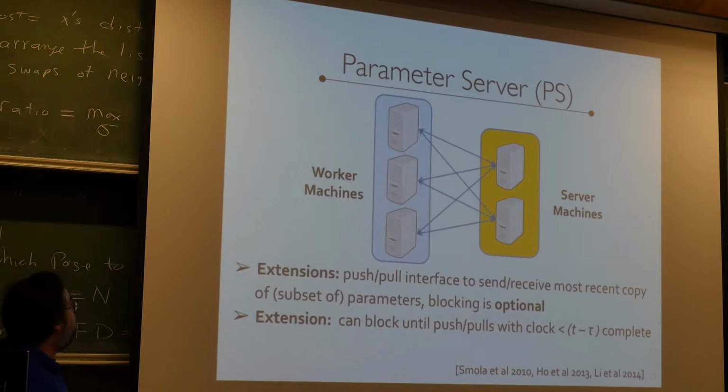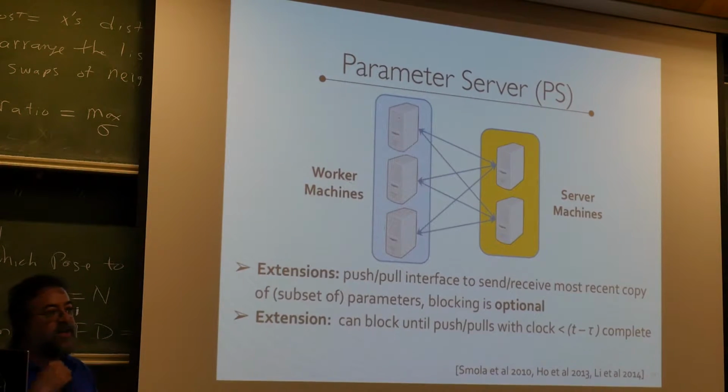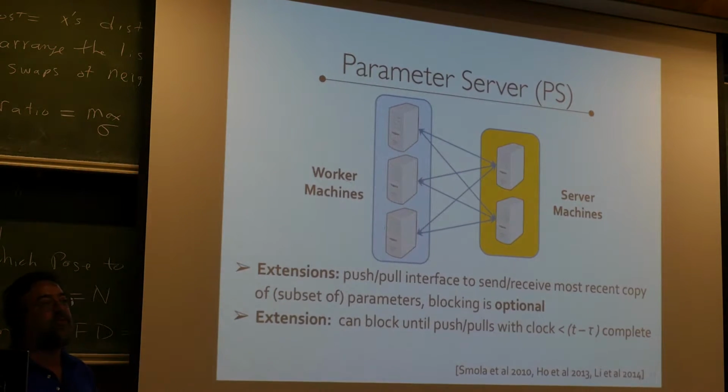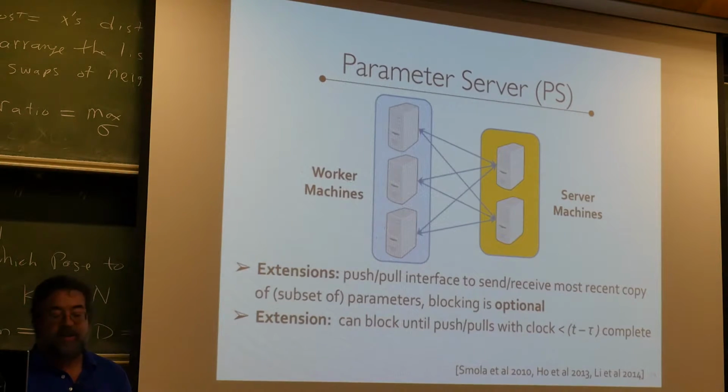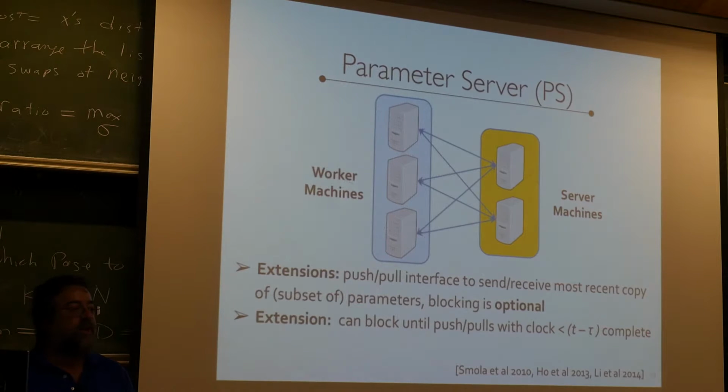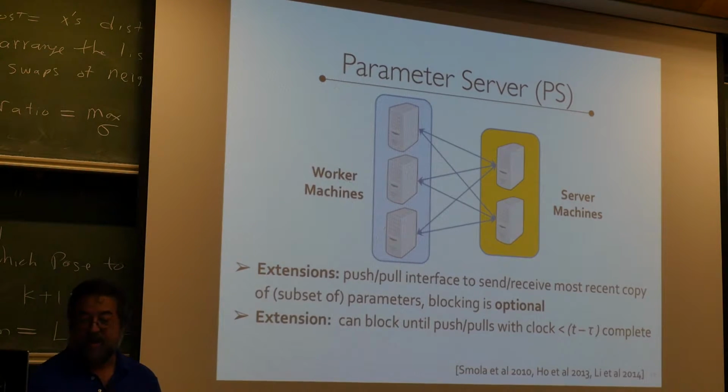Another cool extension: the server machines are basically tasked with getting the parameters to the workers as soon as possible. It's often helpful if the workers can give the servers a little bit of information about when they're likely to really need fresh values or when they've made a change that might be important.